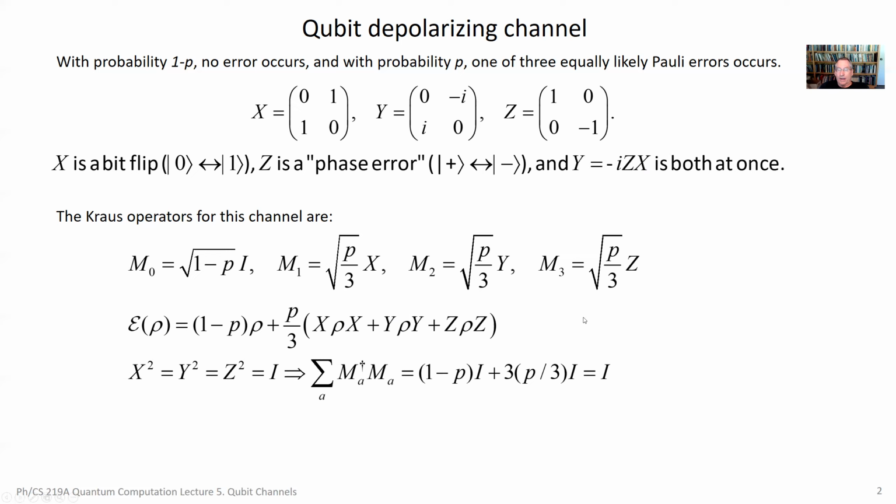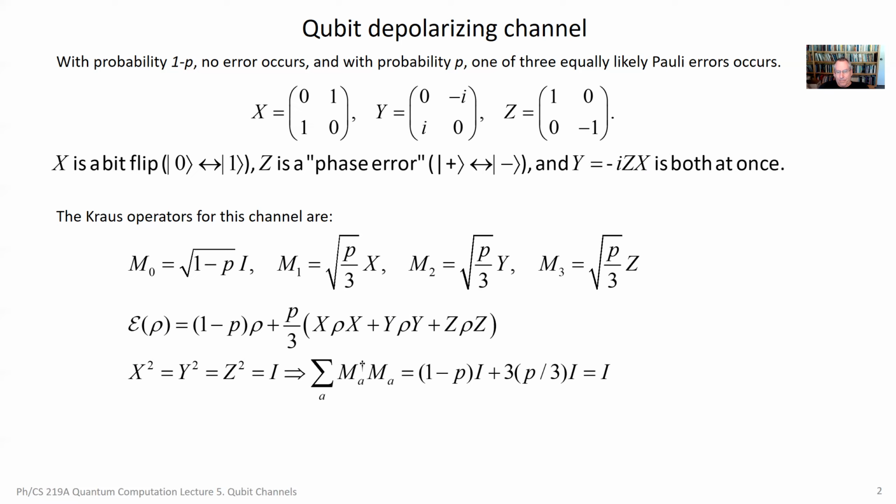Now these Pauli operators all have the property that they square to 1, so we can easily check our normalization condition for the Kraus operators. This is the condition that if rho has unit trace, if it's properly normalized, so will be the result of applying the channel to rho.